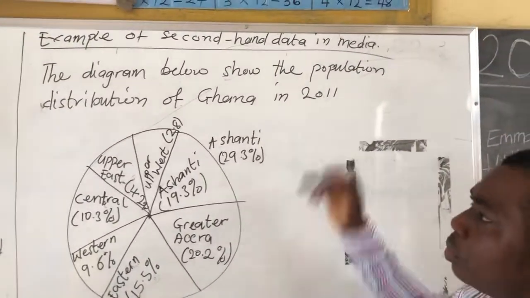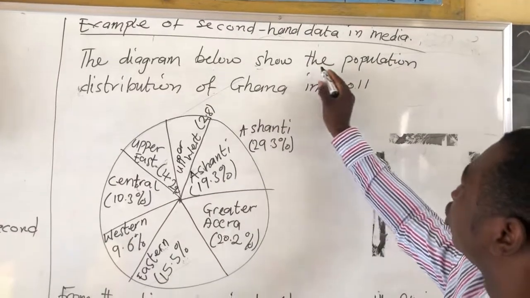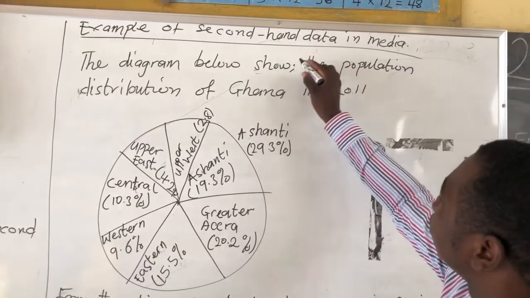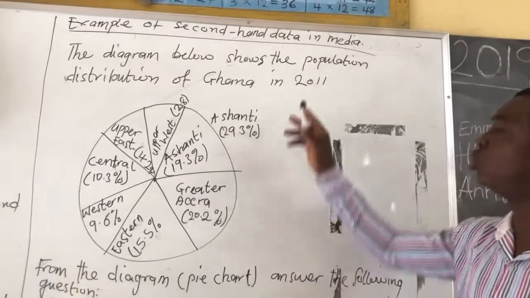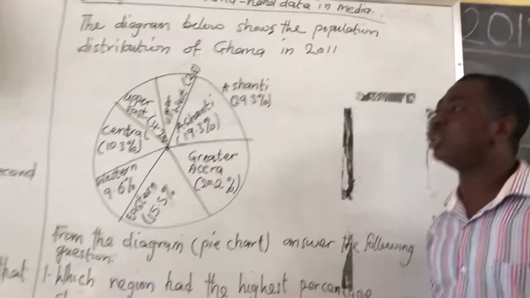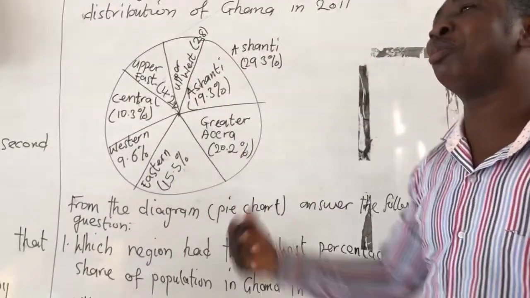So let's take one example of second-hand data in media. The diagram below shows the population distribution of Ghana in 2011. This diagram can be a pie chart.